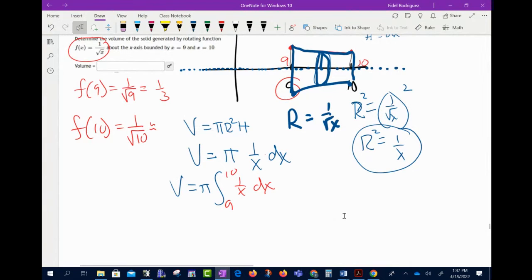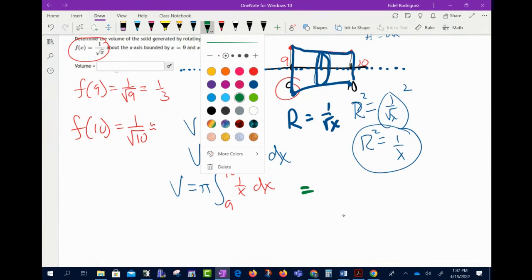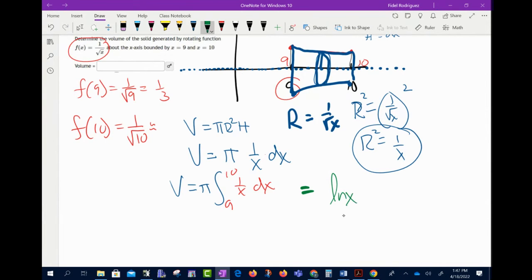Boom. Let me get my pen going here. This is going to be equal to the natural log of x. Very good. Natural log of x with my pi, don't forget, from 9 to 10. So this is going to be pi times the natural log of 10 minus the natural log of 9. And there's my answer, right?